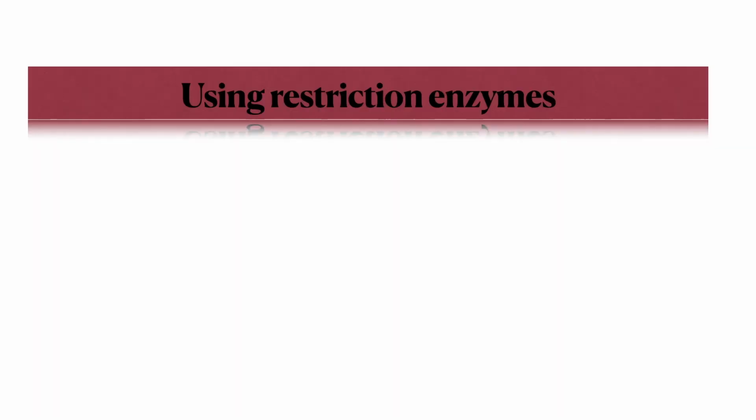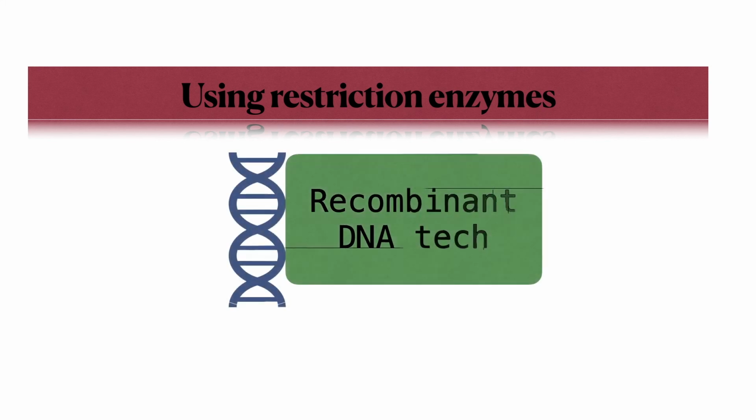Now, I would like to go with methods of gene cloning, and I have divided them based on the use of restriction enzyme. First, the methods that use the restriction enzyme, and second, those that don't use the restriction enzyme or use a very minimal amount of restriction enzyme. So, the first method is recombinant DNA technology, which uses the restriction enzyme.